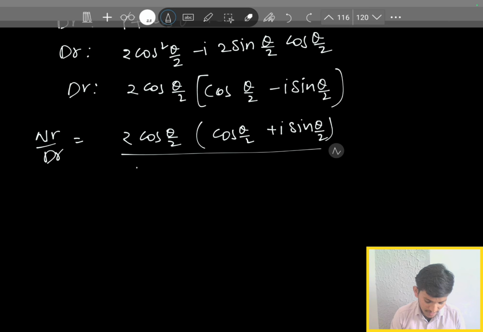Whole divided by denominator, that is 2 cos(theta/2) into [cos(theta/2) plus i sin(theta/2)] divided by 2 cos(theta/2) into [cos(theta/2) minus i sin(theta/2)].